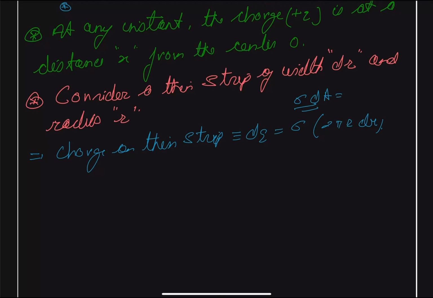So you can say this is sigma and this is our pi r square. So this will be giving us dq.